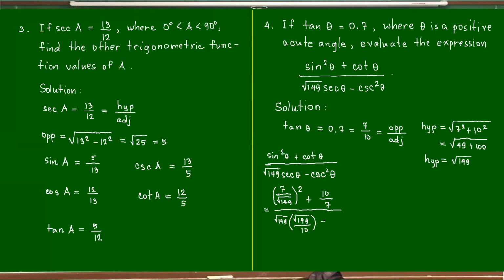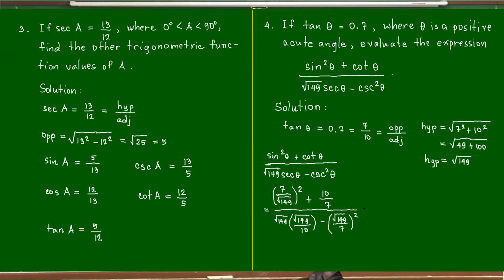And then finally, cosecant squared theta. Cosecant is hypotenuse over opposite, so the square root of 149 over 7. Squaring it, we get this.